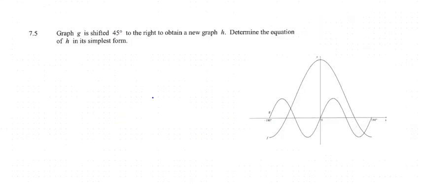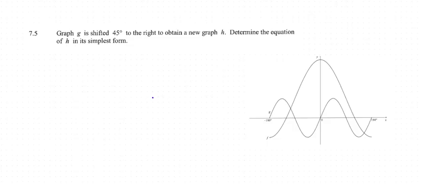We have question number 7.5. Graph g is shifted 45 degree to the right to obtain a new graph of h. Determine the equation of h in its simplest form. Okay, so we have this graph and it is shifted 45 degree.